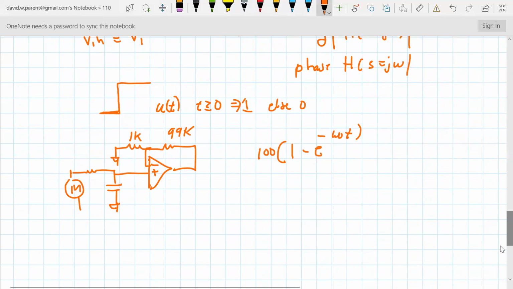The Bode plot, rather than 0 dB and coming down at omega naught, it's really 20 log of 100. So this would actually start off at 40 dB. Now, that being said, you say, hey, I put in a volt and now I'm swinging up by 100.